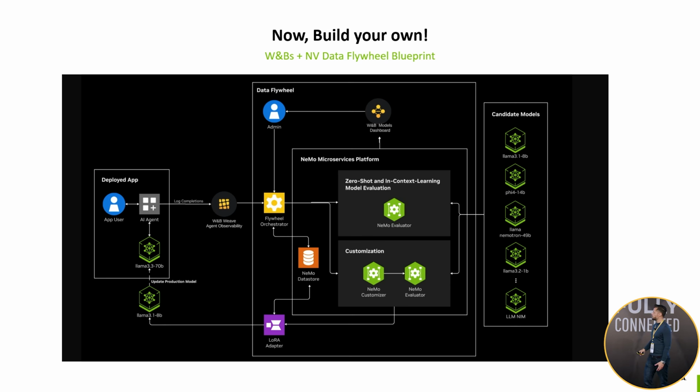We have actually created a sample, a blueprint of this very specific experiment that we just ran with our partners at Weights and Biases. Here's a sample architecture of what this data flywheel looks like. We will provision a sample customer success agent at the top, and you will be able to deploy these microservices.